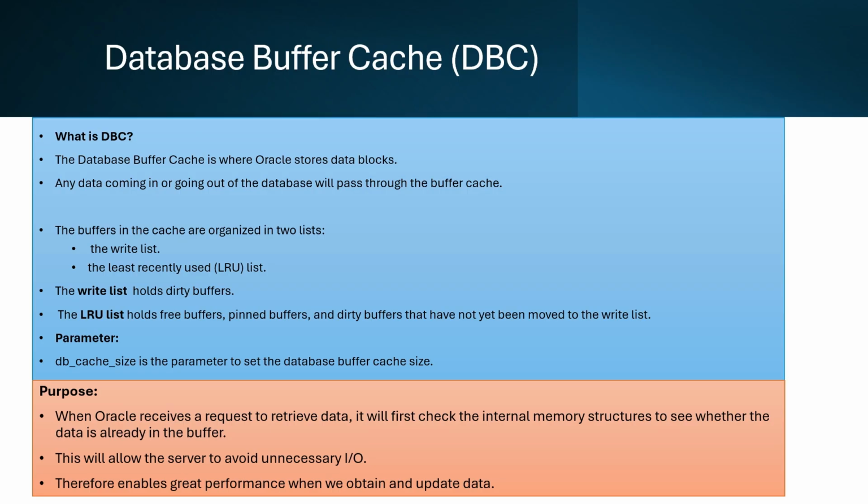Until it is written to your disk, it will not be moved to clean. You cannot flush dirty buffers because they need to be written to your data files. Once the dirty buffer is written to disk, it will move to a clean state, meaning your data blocks have been moved to the disk. Then it moves to unused, which means it is again available for reuse.